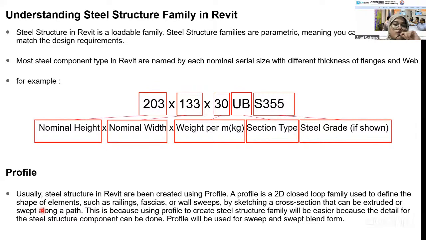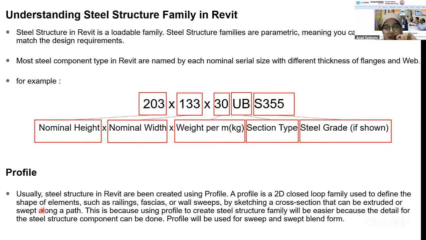For example, if you want to make a beam, you can create a steel I beam or a C channel. So this profile will show you the detail more defined, right?